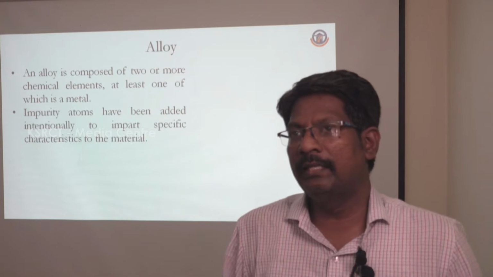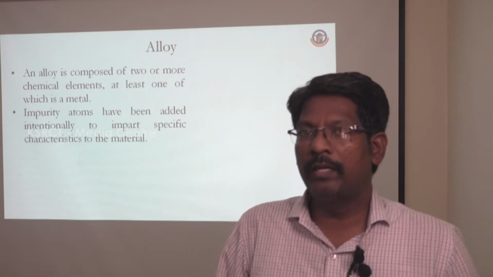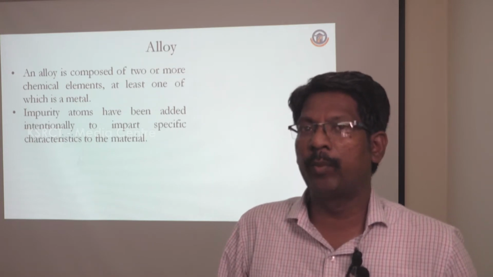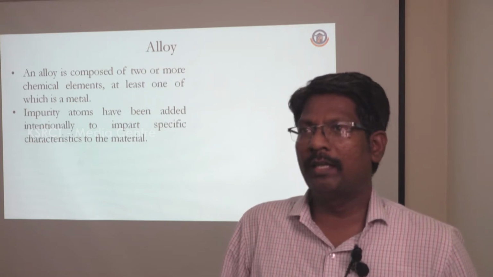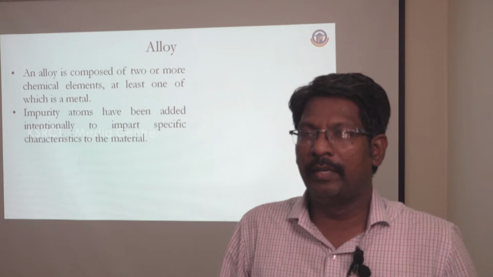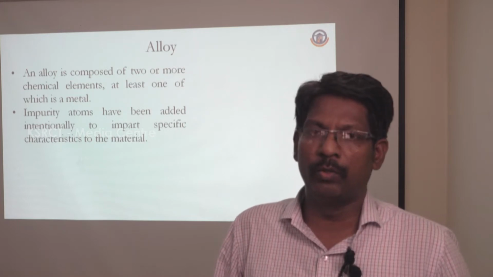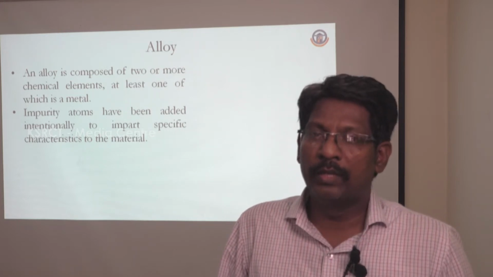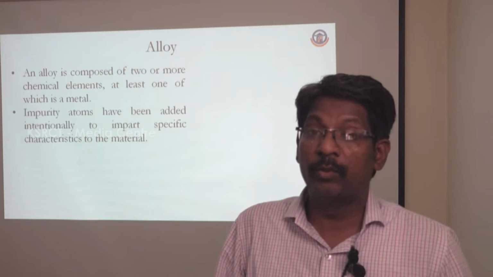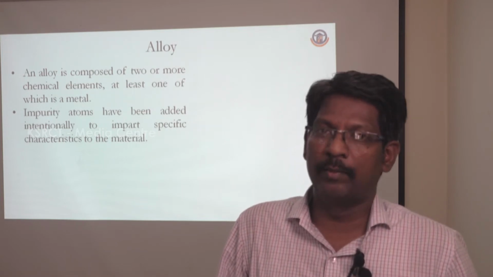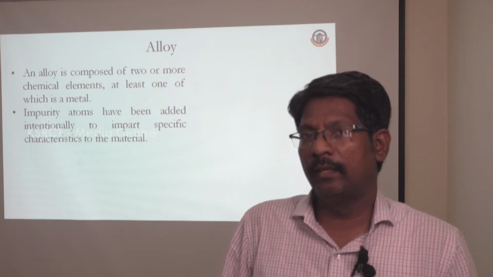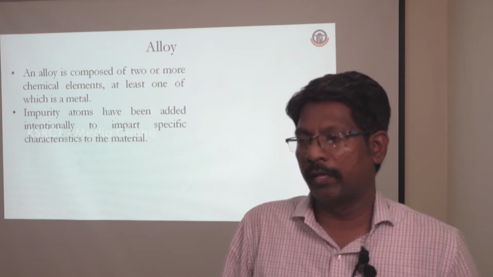So in order to enhance the property of the pure metal, what are the possible things? People analyzed and found a solution: to create an alloy by the addition of other elements. In that way we obtained an alloy.